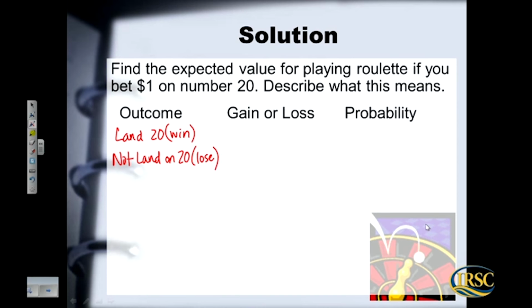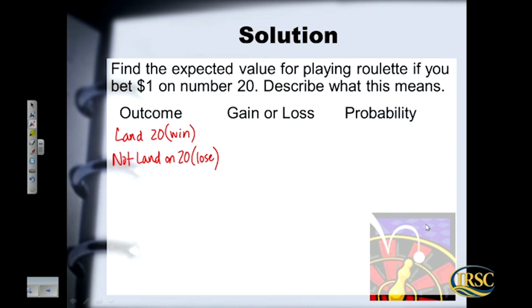So if you win, what is your gain or loss? No, $35. This is where it's helpful to have the handout. The handout reminds you of what was in the problem there. You guys that have the handout have the information. So you win $35. Now it says that you get your dollar back, but that's not a gain.